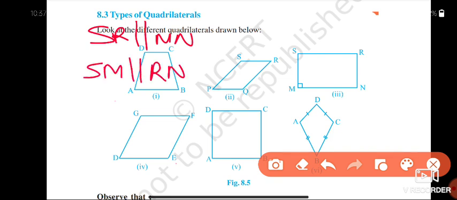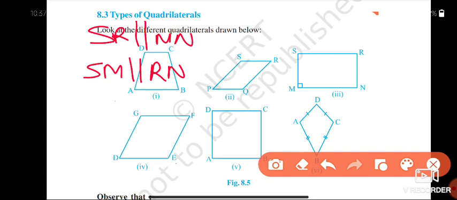But how we can differentiate between a parallelogram and a rectangle is that a rectangle has all angles 90 degree. So when you have to prove a parallelogram is a rectangle, you will prove any one of its angles as 90 degree.